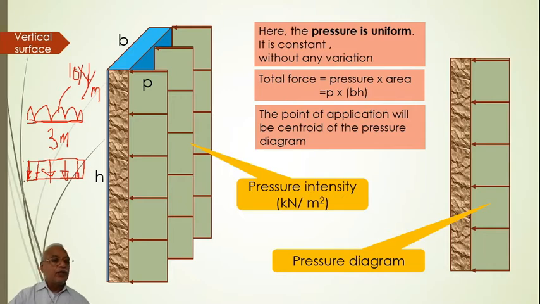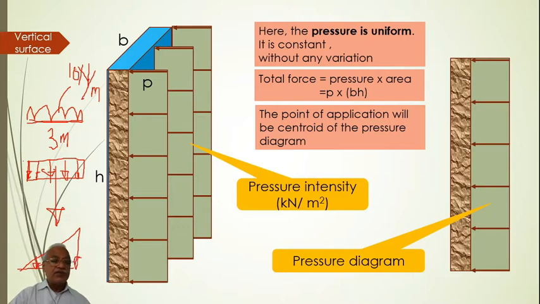Now you want to replace this by a single force. A single force would be 30 newtons. Where will it be acting? It will be acting at the centroid of the loading diagram. That is, the centroid of a rectangle is the midpoint. But if you take a triangular load, if the pressure intensity is changing, then things will be slightly different, right?